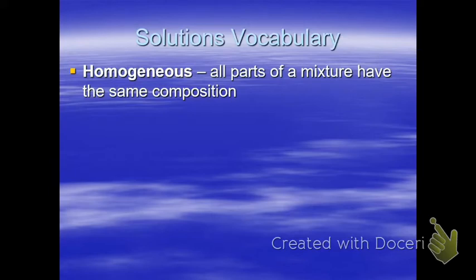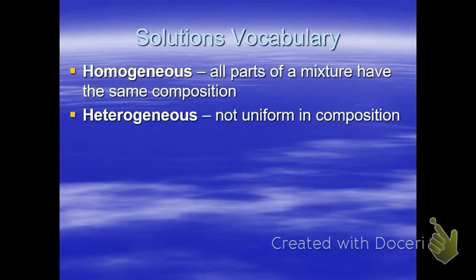And there are two types of mixtures in this world: homogeneous mixtures and heterogeneous mixtures. We talked about these terms a little bit at the beginning of the school year, like Unit 1 or maybe 2, so this should be a little bit of review.